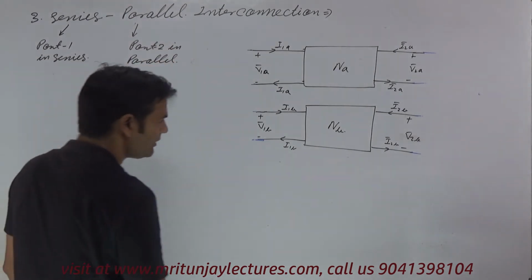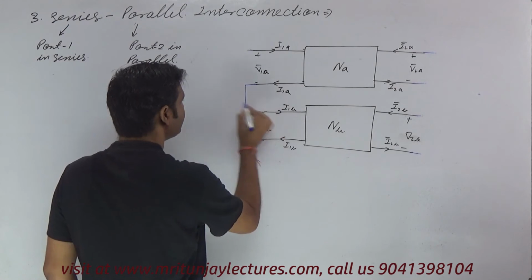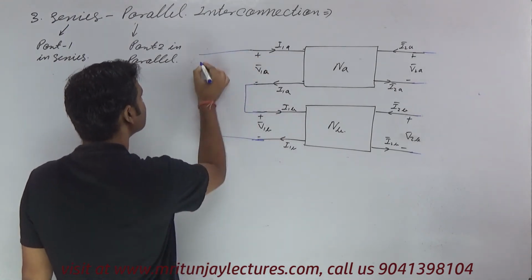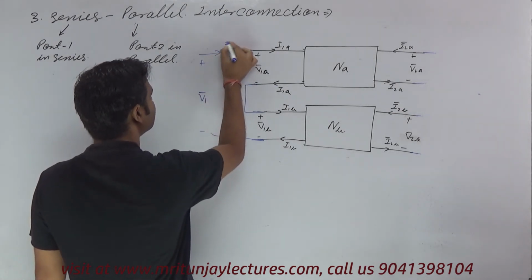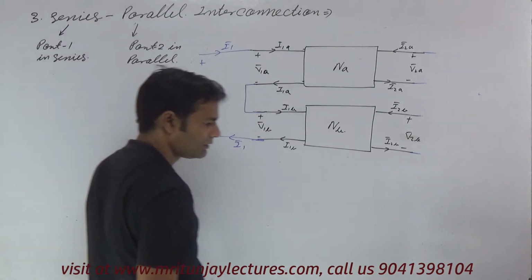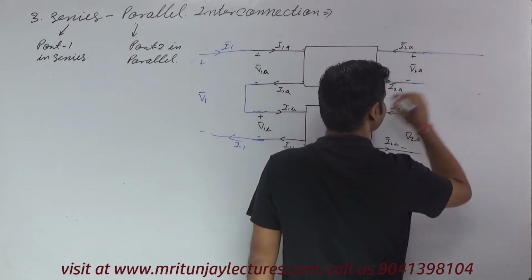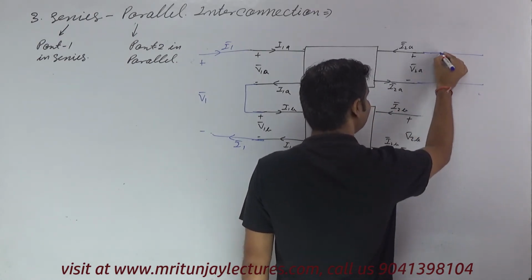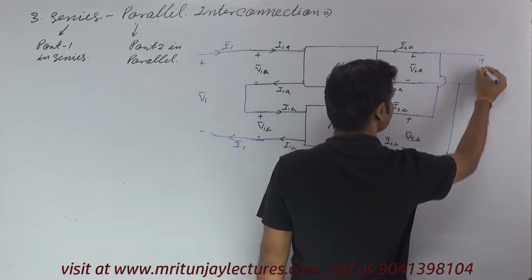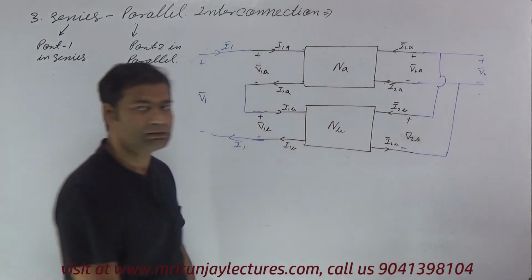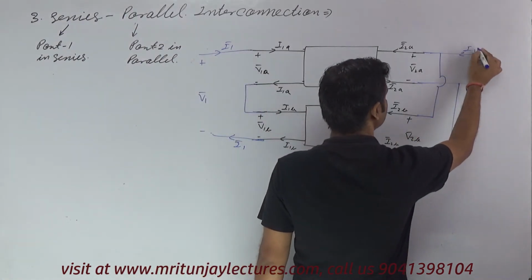Okay, if port 1 is in series, means connect like this one, that is V1, I1 and here I1. Clear? Port 2 in parallel. If port 2 is in parallel, it means connect, that is V2. That is V2. Very simple. And this one is I2.